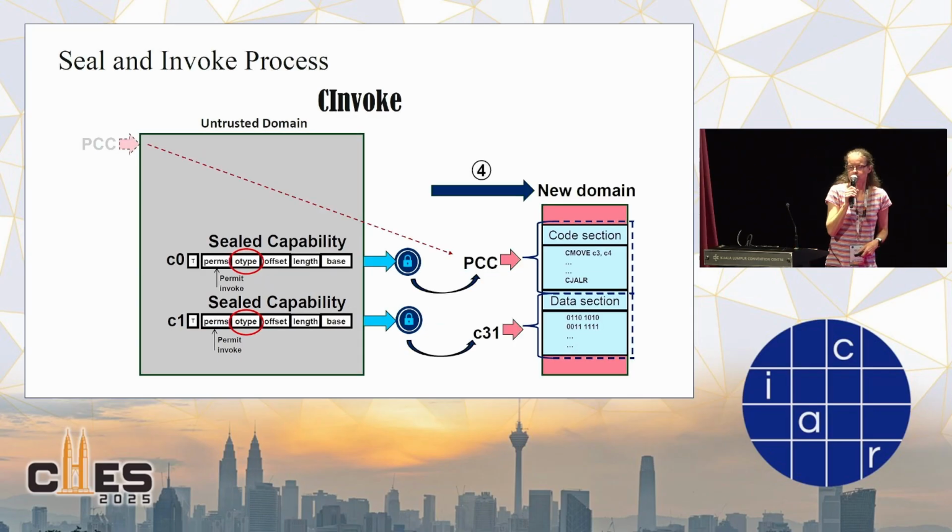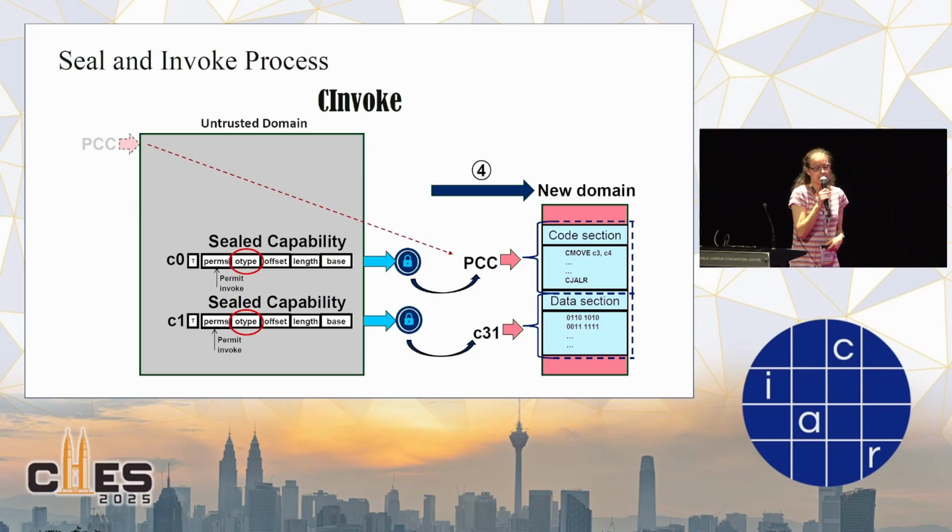Now when we want to actually run our enclave code, we need to perform a domain transition from our untrusted domain into our trusted enclave domain. For this, we use the CHERI invoke instruction. The instruction checks the otype of both the sealed code capability and the sealed data capability to check that they are the same.